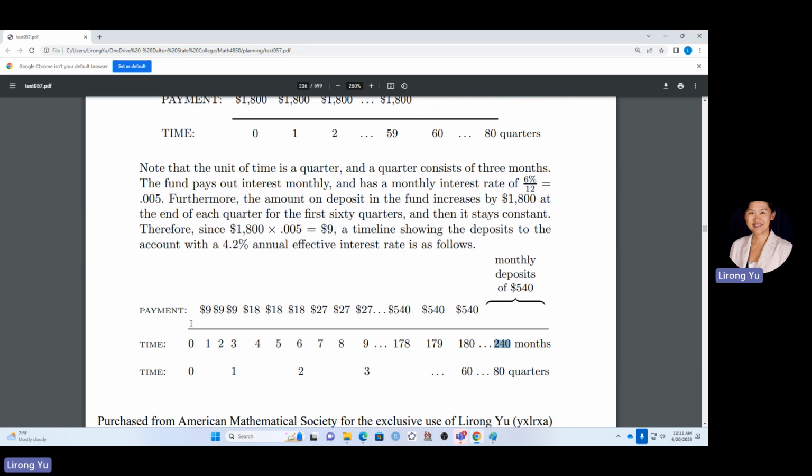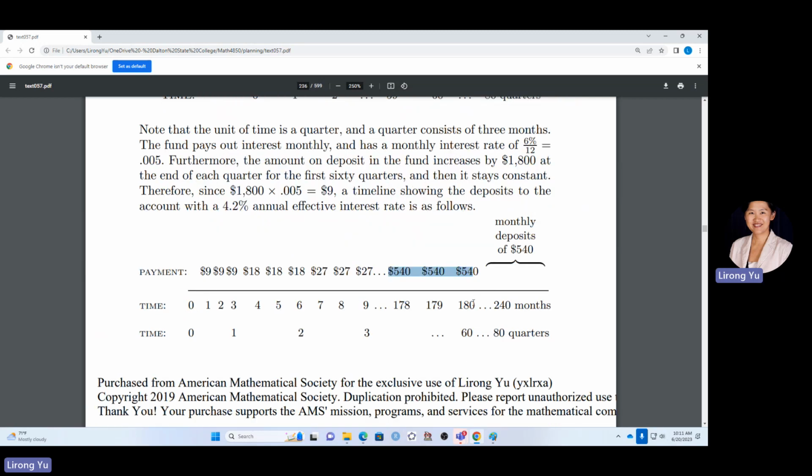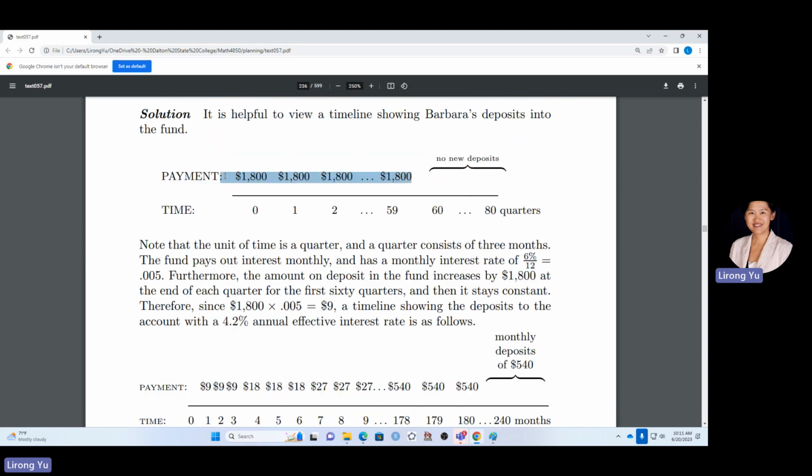So this calculation is not as simple because you can see the cash flow changes in increasing order, 3 at a time, and also after 180, we stop having an increase of the interest. So they are all 540 from there because the principal is steady.